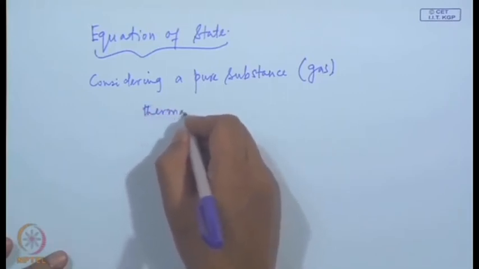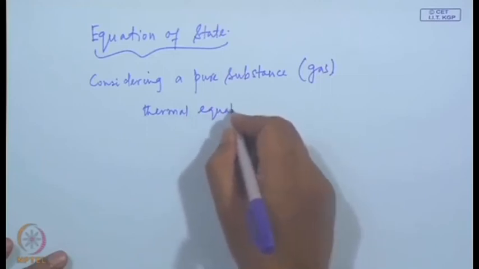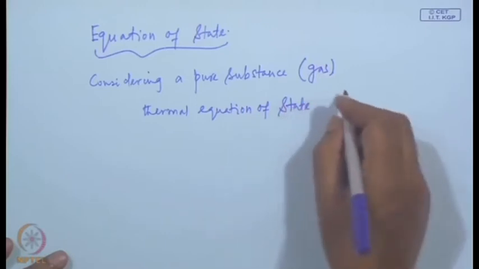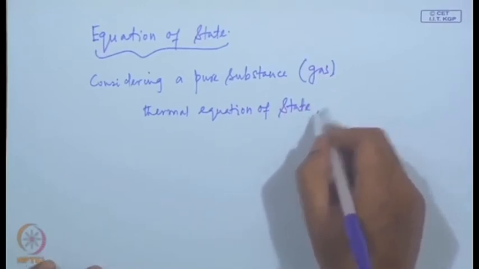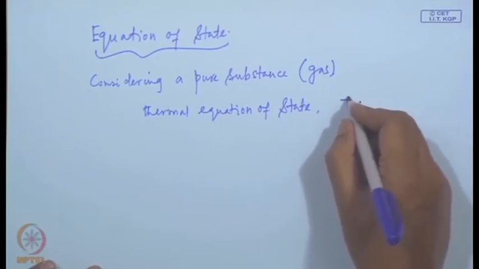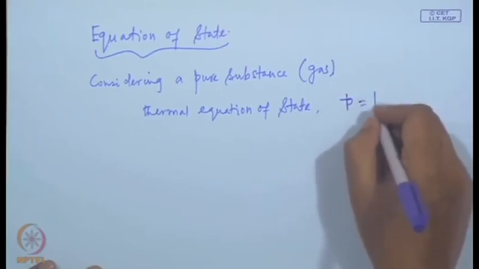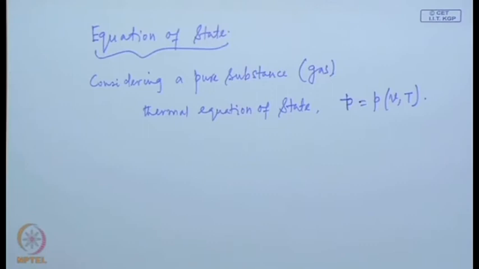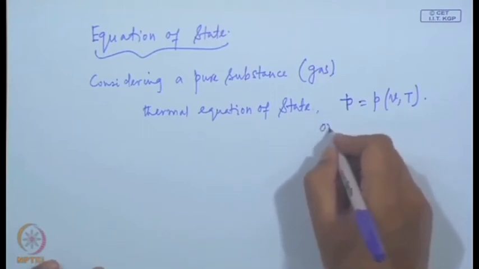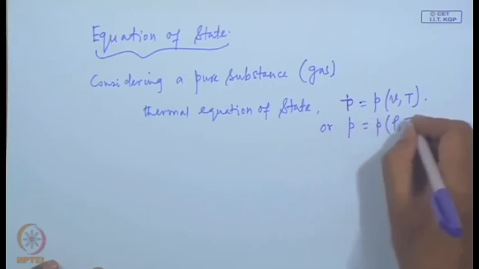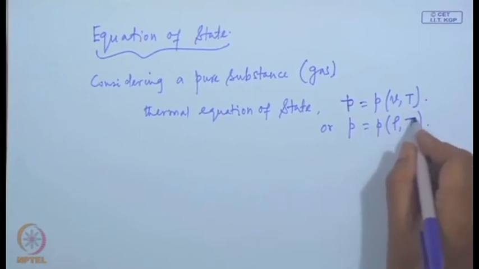So, the thermal equation of state is, say, P is a function of specific volume and T, or for fluid dynamics, as we said, density is a more preferred variable than specific volume.